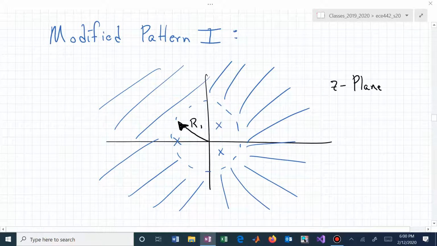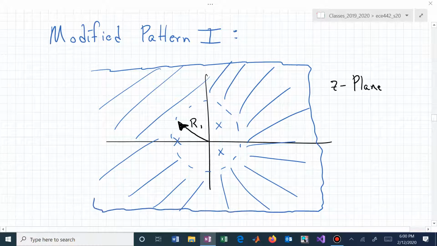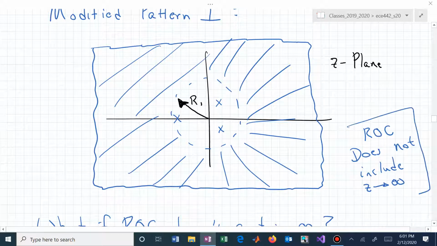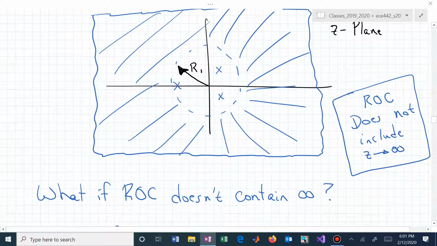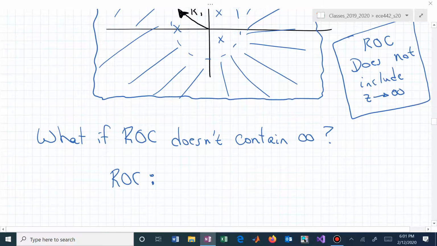So now I do want to make it clear that the region of convergence does not include z going off to infinity. So if the region of convergence doesn't contain infinity, how would we write that?